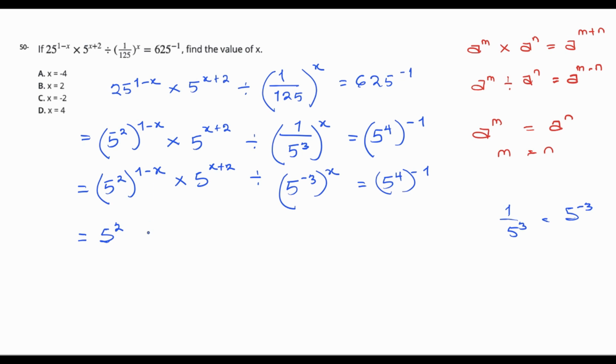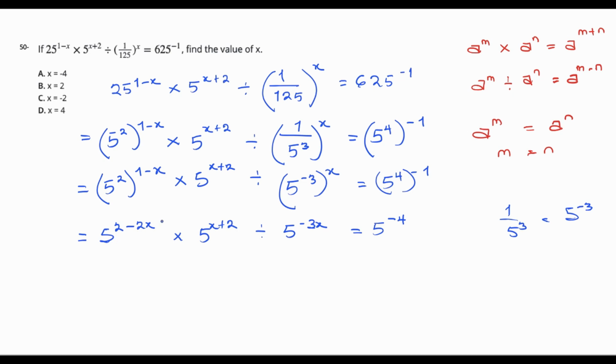And 2 multiplied by minus x is equal to minus 2x. So this is multiplied by 5 raised to the power x plus 2 divided by minus 3 multiplied by x is equal to 5 raised to the power minus 3x. And 4 multiplied by minus 1 is equal to 5 raised to the power minus 4.